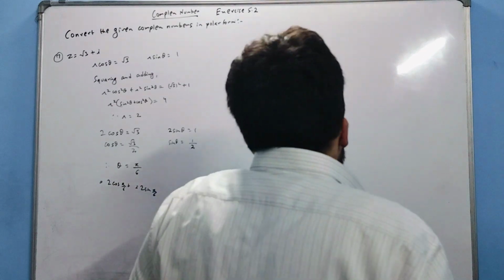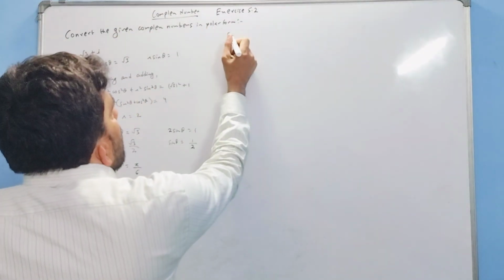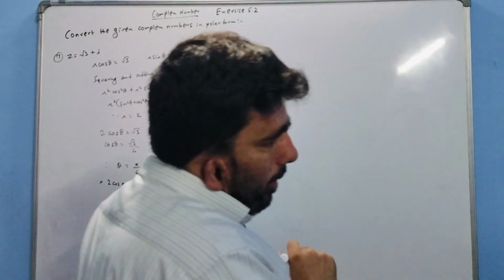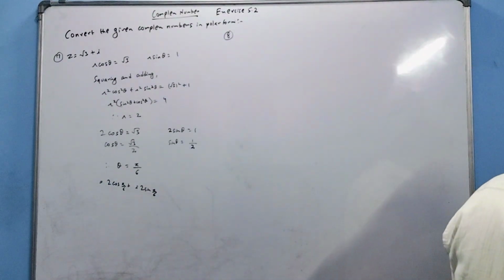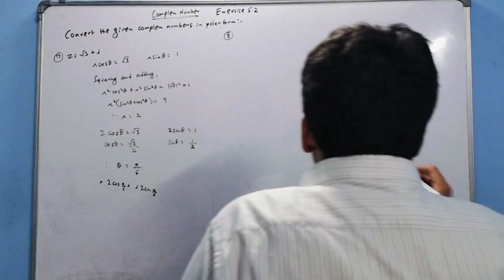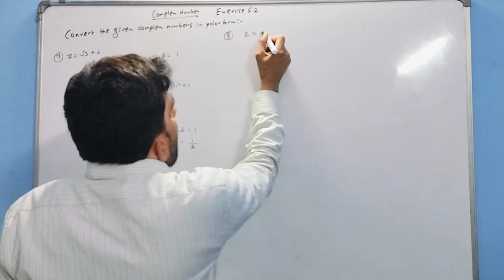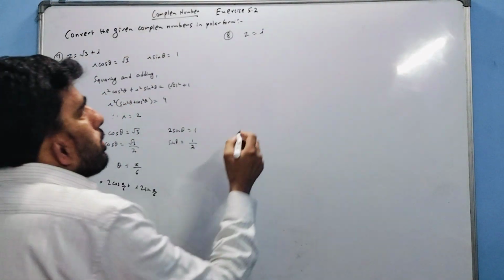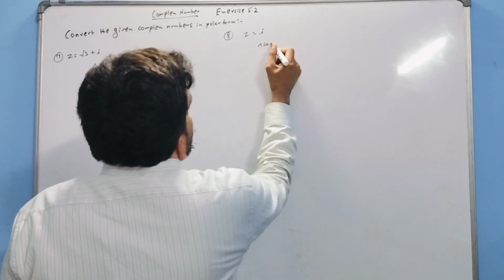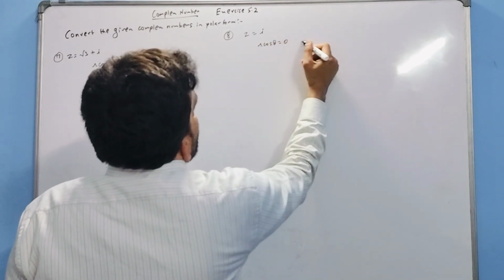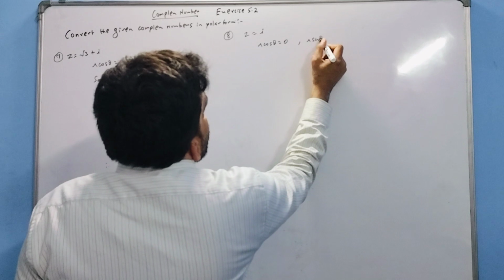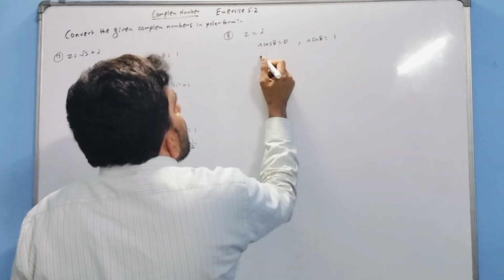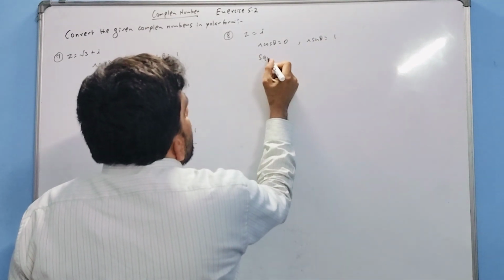Okay, so now let us try to solve the 8th question. What the 8th question says, they have given the complex number that is i. So we'll write r cos theta is equal to 0 and r sin theta is equal to 1. So what we will do? Squaring and adding.